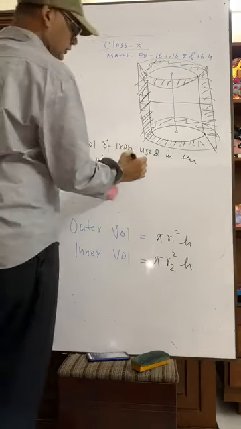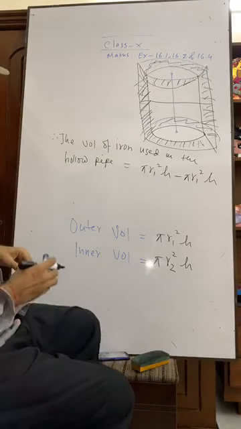That means if we subtract the inner volume from the outer volume, then yes, we can get the volume of the iron used in the hollow pipe.